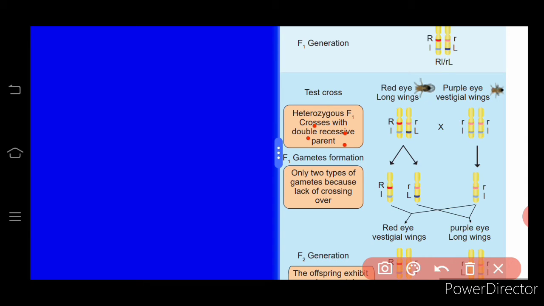What is meant by a test cross? When the F1 generation is crossed with the recessive parent, we expect the same kind of ratio. Then F1 gametes are formed. Only two types of gametes are produced because of lack of crossing over: red-eyed vestigial wing and purple eye with a long wing.